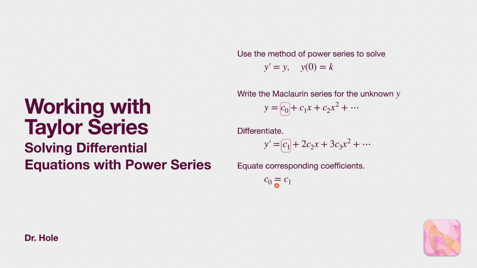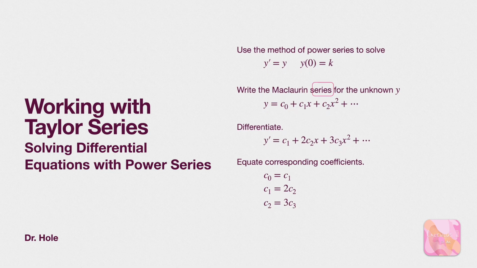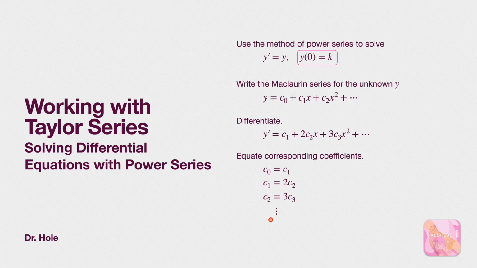Therefore, we can write down that C0 must be C1. But equally, we can write down that C1 must be twice C2, as well as C2 must be 3C3. And we can get infinitely many more such equations.